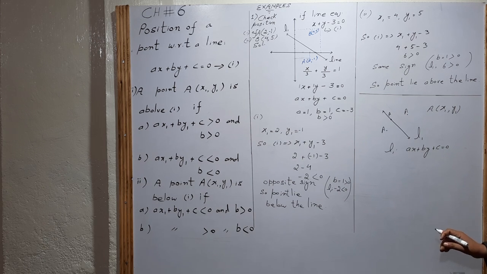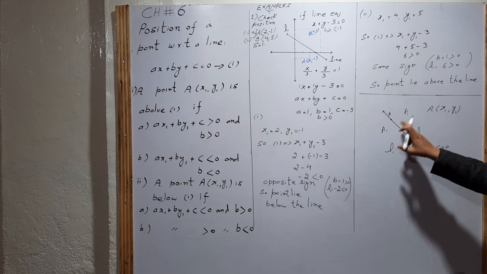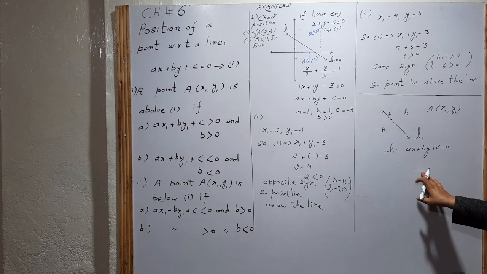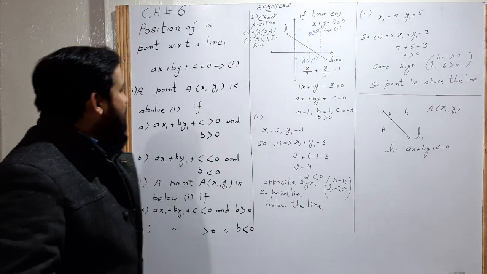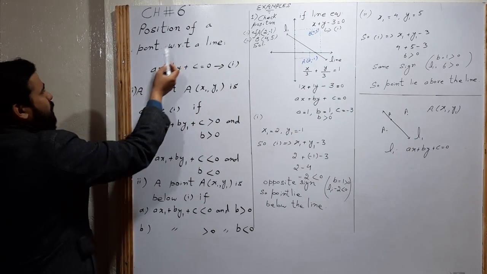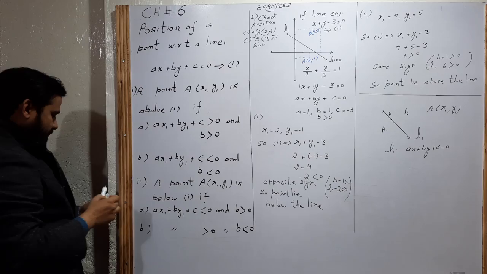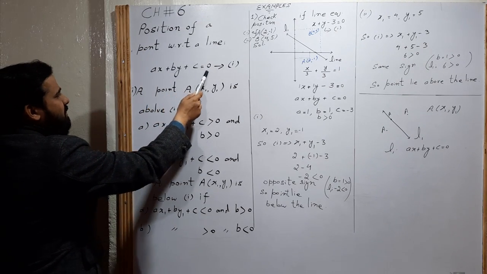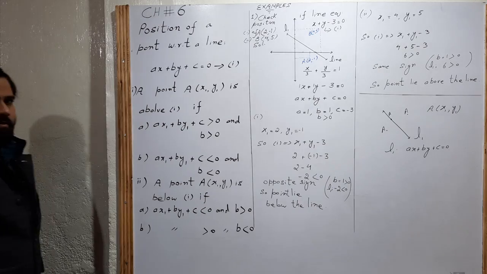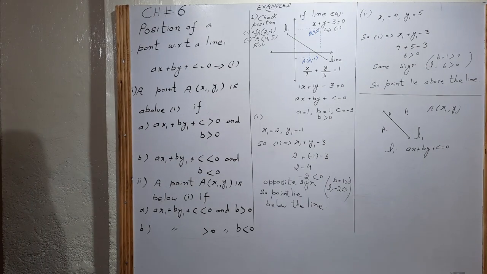So we find the position of a point with respect to a line. The methodology is the position of a point with respect to a line. For example, there is a line ax plus by plus c is equal to 0. This is the standard equation or general equation of a straight line.